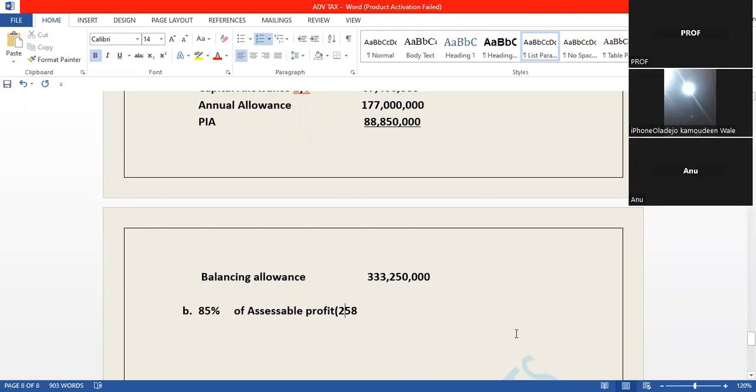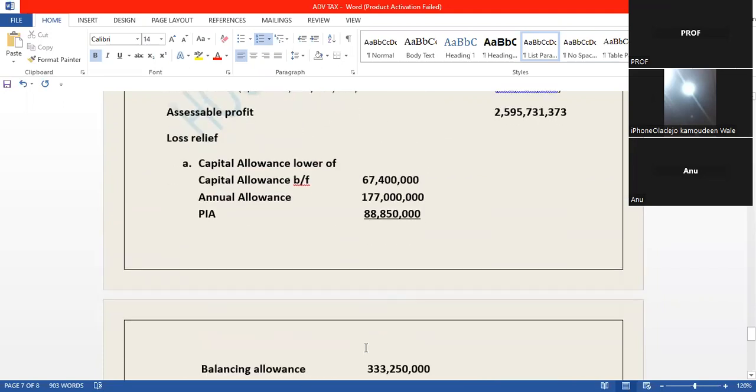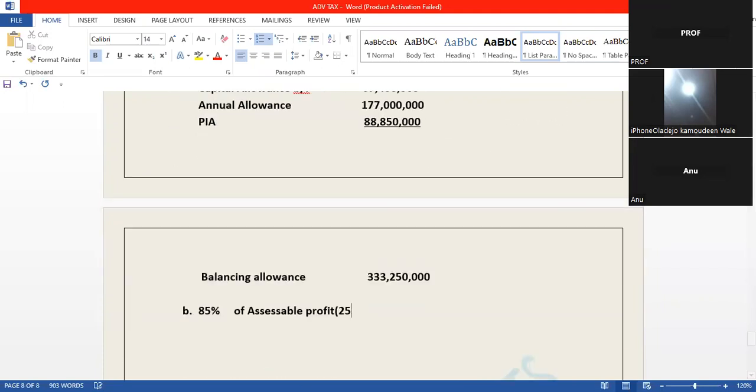I think it's 2595,731,373. So that is the figure you want to multiply with.